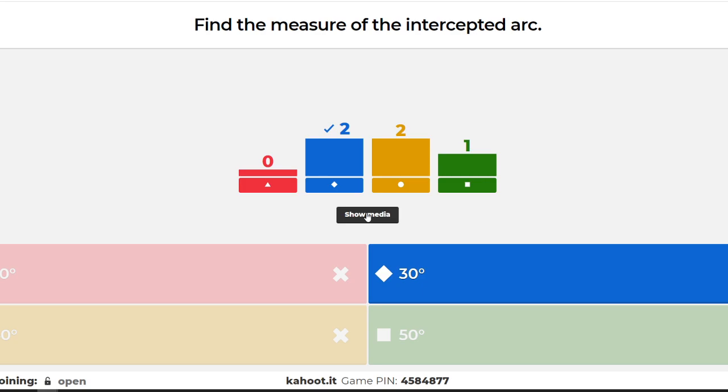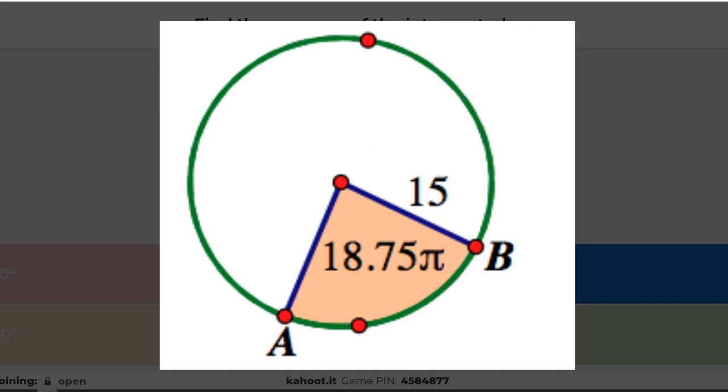All right. So this is a sector area problem. I told you that we're using the sector area formula. But the thing is, they're giving me the sector area, so I have to get the formula and make it equal to 18.75 pi. The arc measure is what I'm looking for, so I'll make that a variable over, what do I always divide by on sector area?